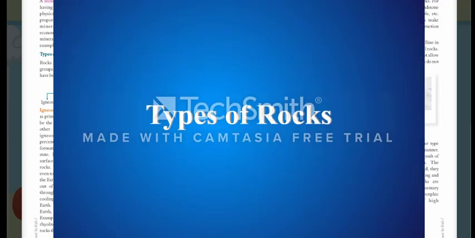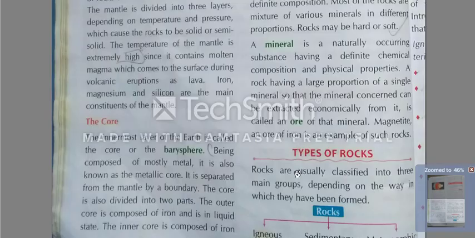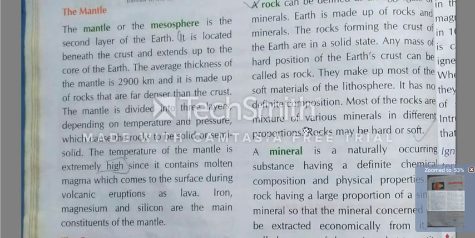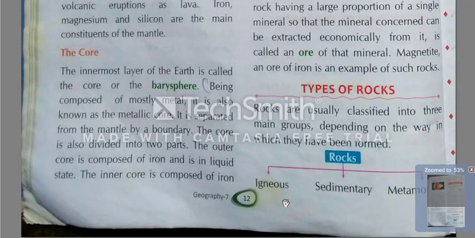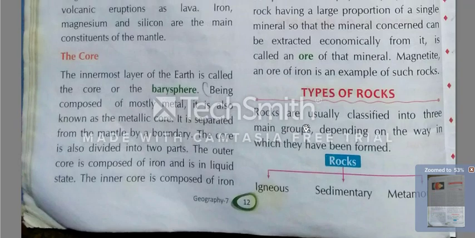Types of rocks. In the video you have seen, they have also explained about the igneous rock. Let's see, we will start from here. Rocks are usually classified into three main groups, depending on the way in which they have been formed.